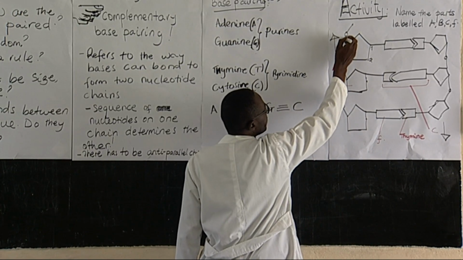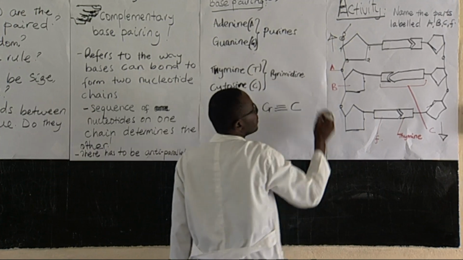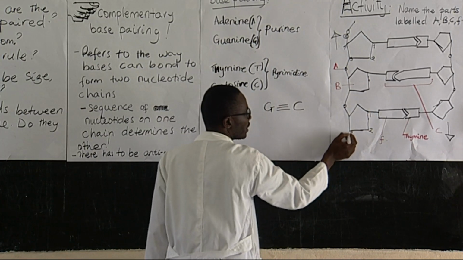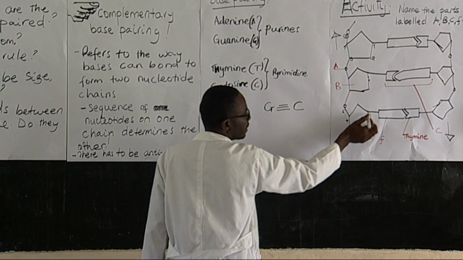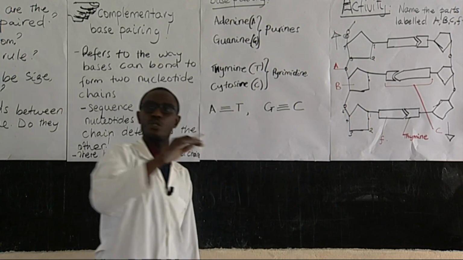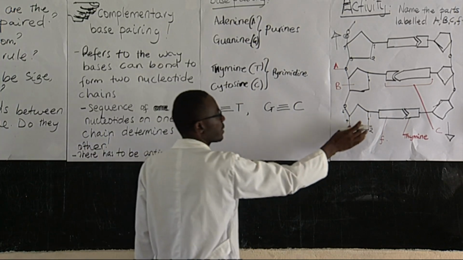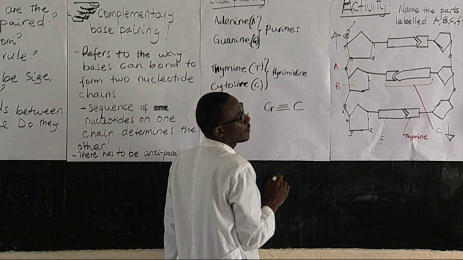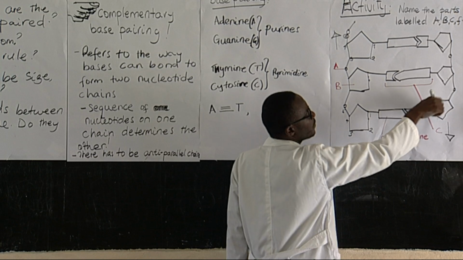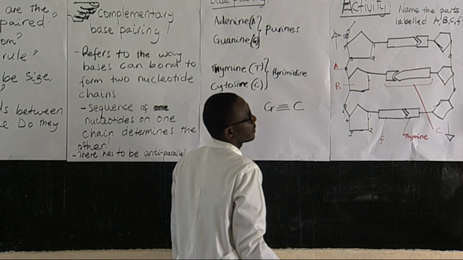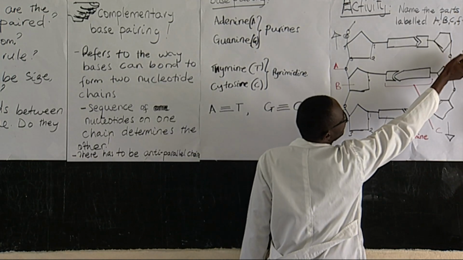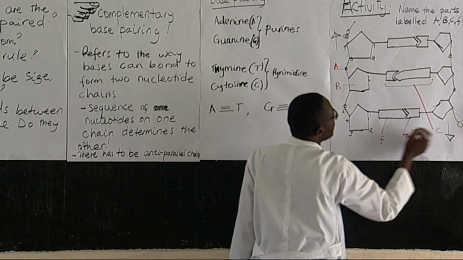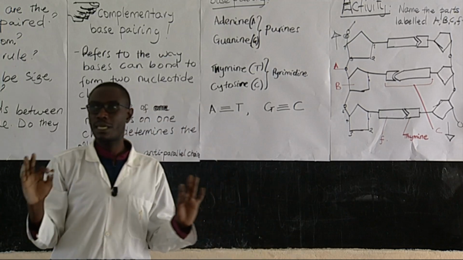Carbon number 5 is located somewhere here. So this goes up: 1, 2, 3, 4, 5. These numbers represent the positions of the carbon atoms on the sugar, the deoxyribose sugar. When we come here, the arrangement now goes down this way. So you have this going down, while this is going up. That's what we mean when we say antiparallel.